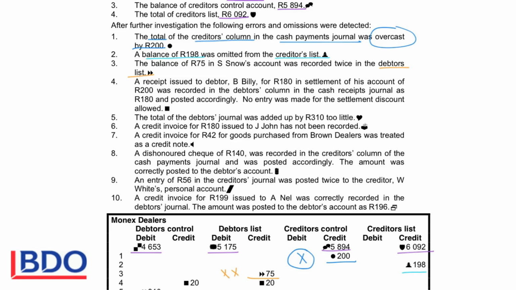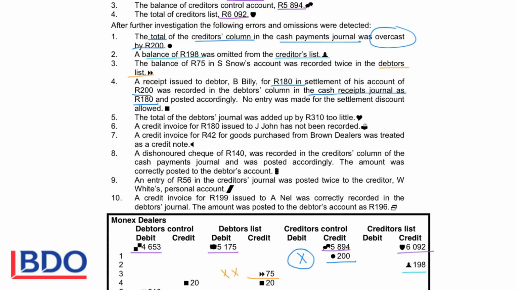A receipt issued to a debtor for 180 rand in settlement of his account of 200 was recorded in the debtors column in the cash receipts journal as 180 and posted accordingly. So there was no mistake when this entry was recorded in the cash receipts journal, and there was no mistake when it was posted from the journal to the debtors control account and to the debtors individual account.